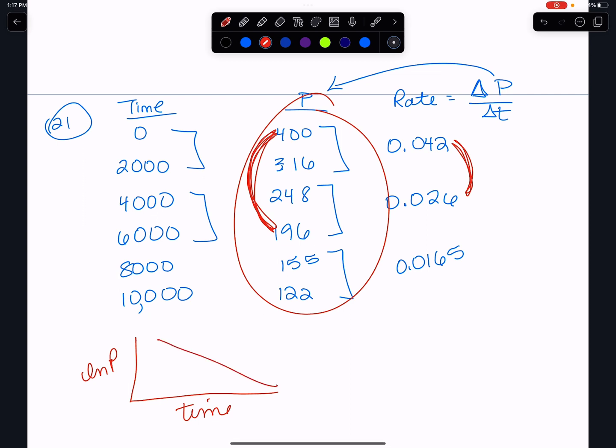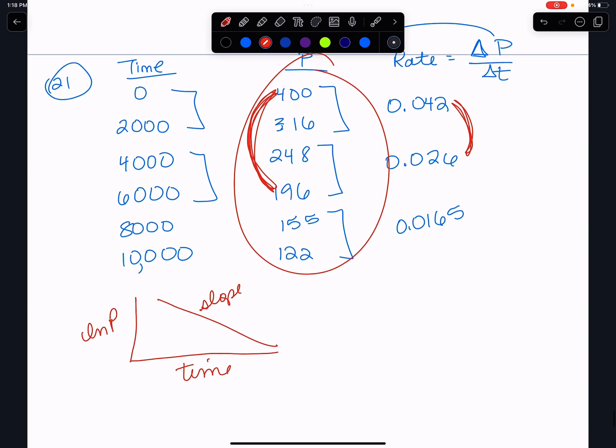And when you do that plot, it's going to give you a straight line, which tells you that it's first order. Okay, so either of those methods would work for that one. And then the slope could tell you the rate constant, okay?